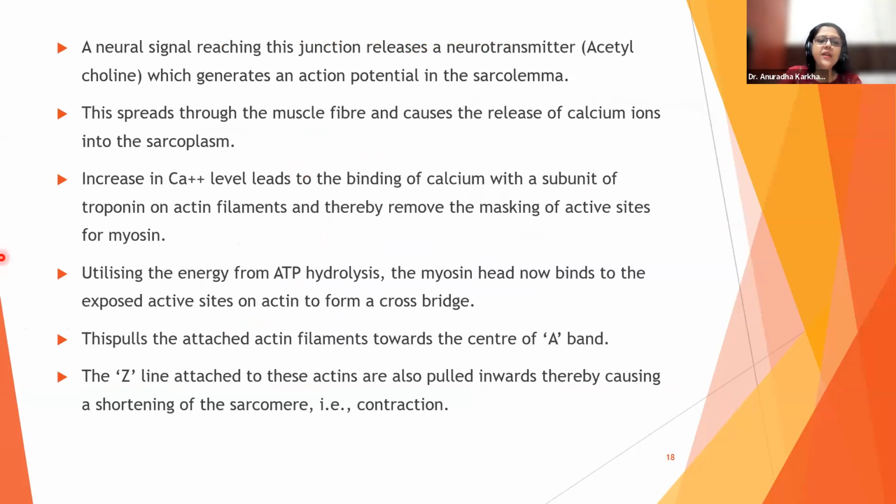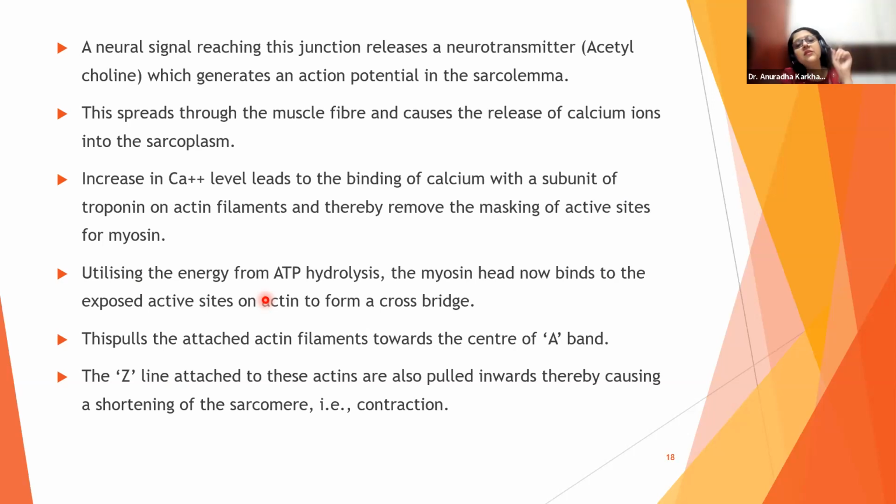So see, utilizing the energy from ATP hydrolysis, to connect to this and form bonds. If I have to move this hand, I require energy. Without energy, it's not possible. In the same way, for the myosin head to connect to the actin, it requires energy. From where will it get the energy?